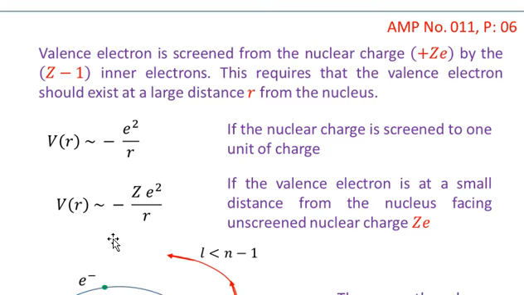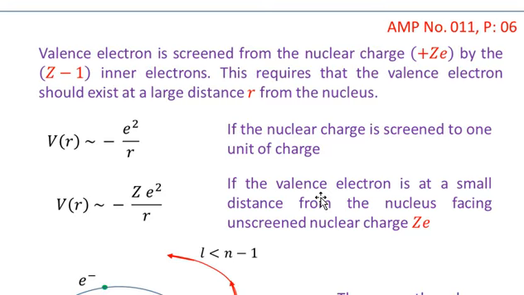Now, if there is no screening, that is, if you have orbits which are also penetrating the inner cloud of the electrons, if the orbit of the valence electron is also penetrating inside that inner cloud of charge, then the potential is given by V of r approximately equal to minus Ze squared over r.